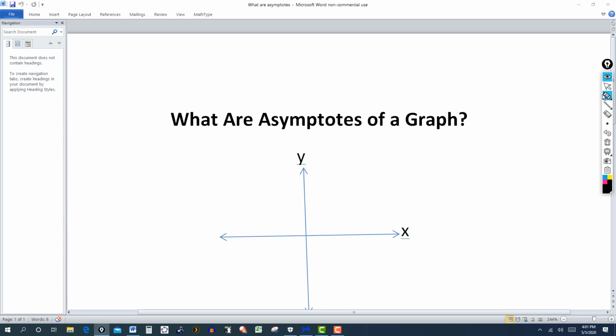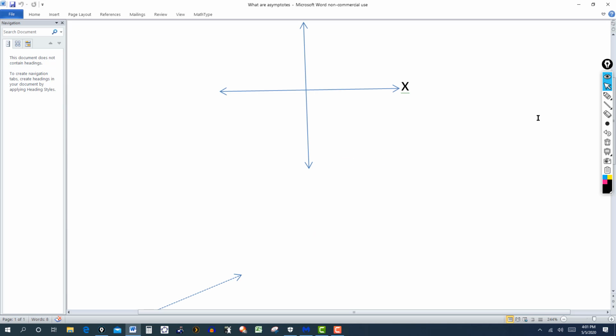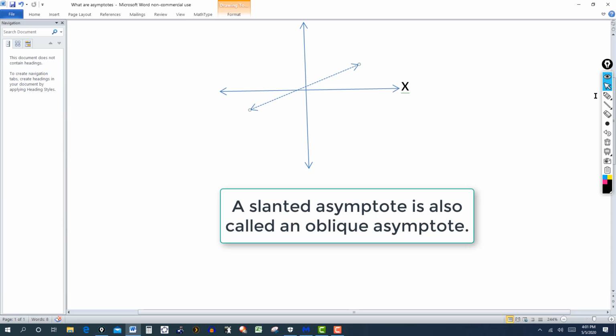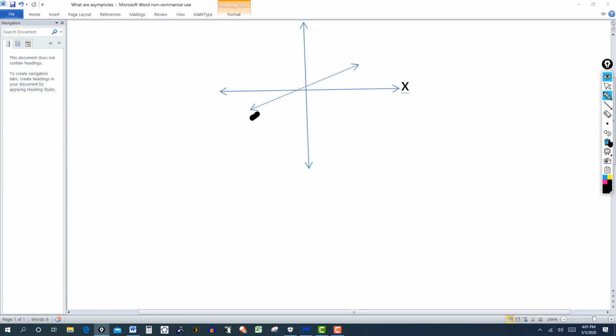Now it's possible, like I said, to have a slanted asymptote. So you could have something that looks like this, or maybe the graph could go like this, something like this, or you could have something like this.